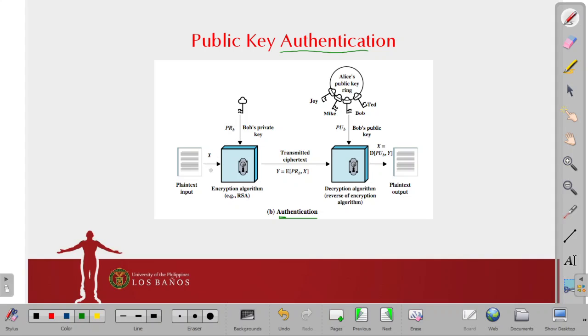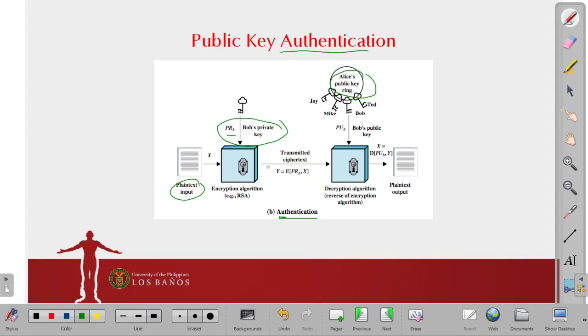So here we have Bob. The scenario here is Alice would like to make sure that the message she receives really came from Bob. To prove that, Bob takes a plain text input and encrypts that plain text input with his private key.